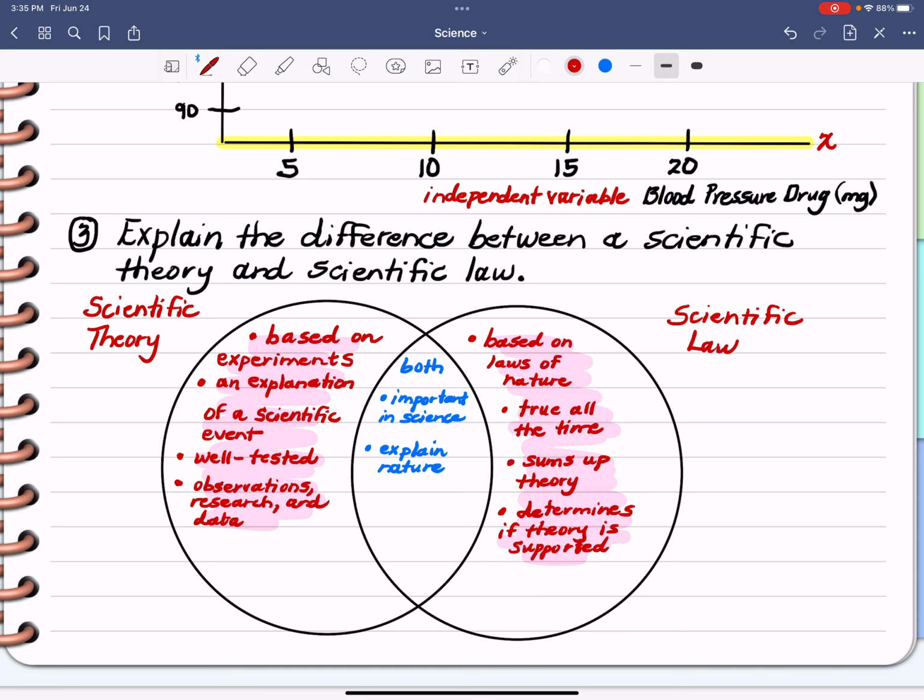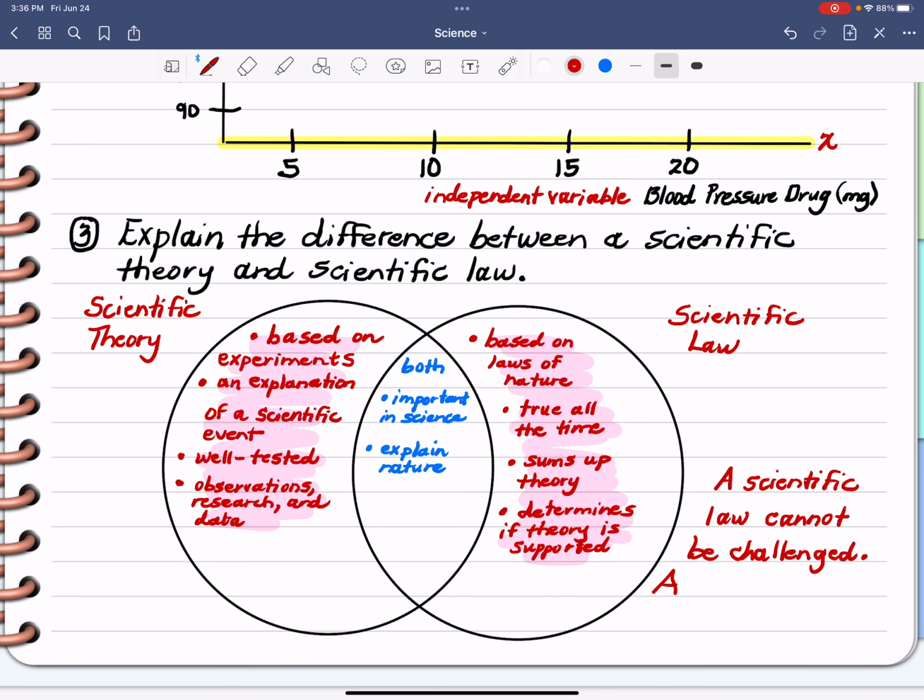A scientific law, I'm going to have to put it down here. It comes down to one very clear, simple fact. Well, I don't know that I would call it simple. A scientific law cannot be challenged. It's going to be true all the time because it's nature's way.